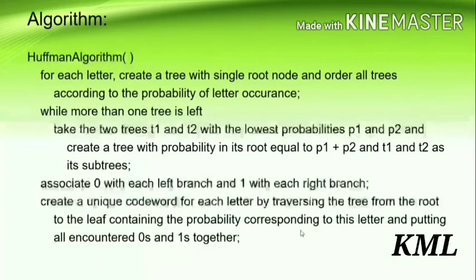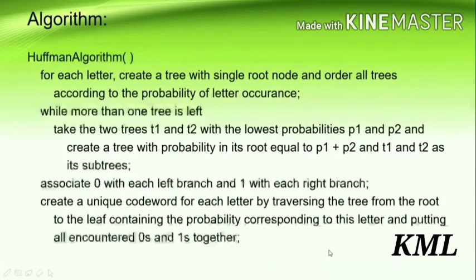So for finding a unique code word for a particular letter, we start from the root and traverse down to the leaf node and note the zeros and ones encountered on the way. That will be the code word for that letter or symbol.